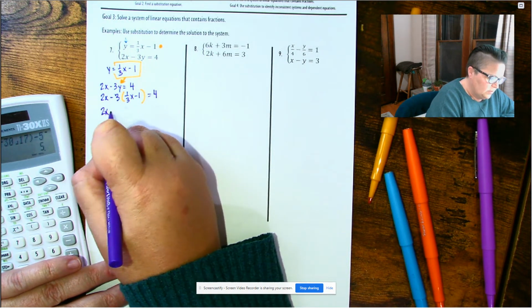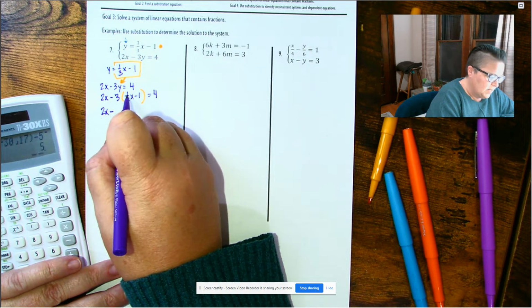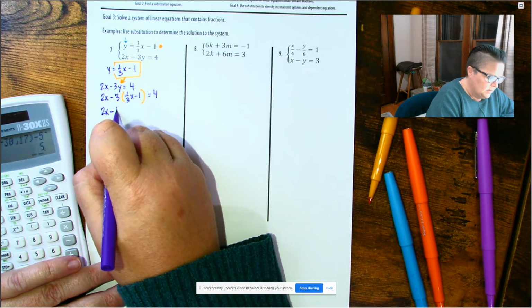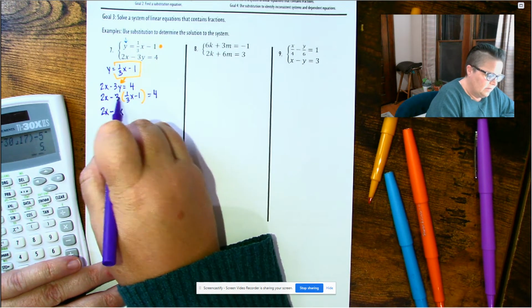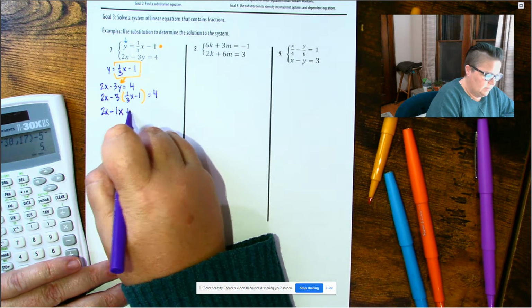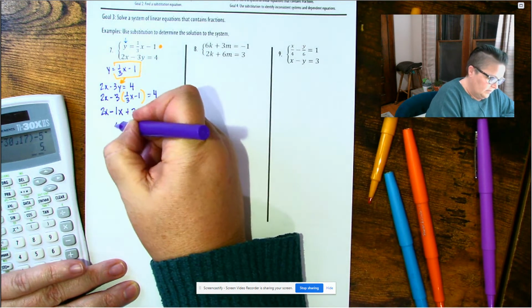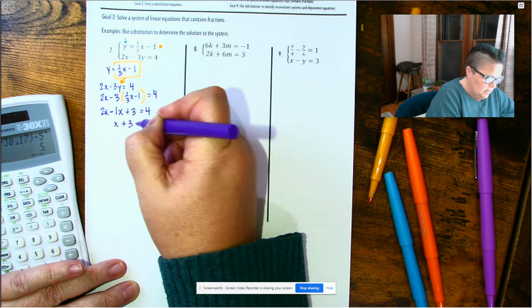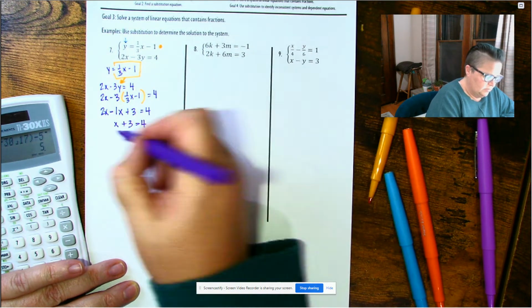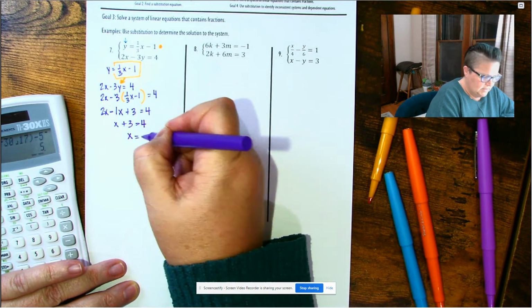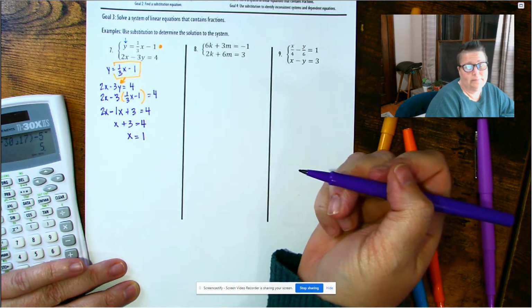All right, the 2x will stay the same. I can distribute the 3. So a negative 3 times 1/3 is going to be a negative 1x. Negative 3 times negative 1 is a plus 3. This is going to give us x plus 3 is equal to 4. Subtracting 3 from both sides, x would have to be 1.